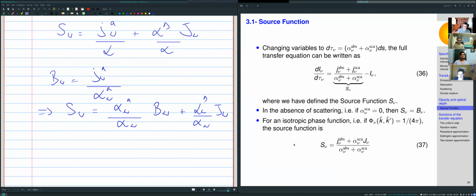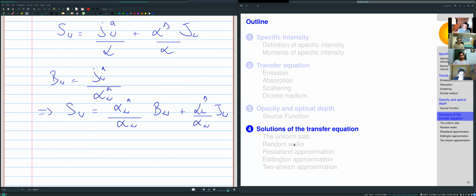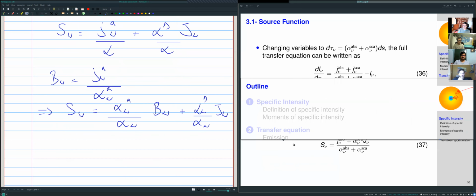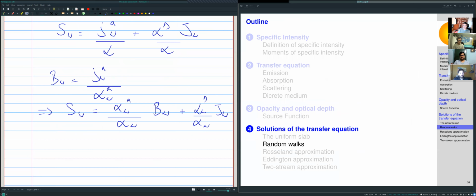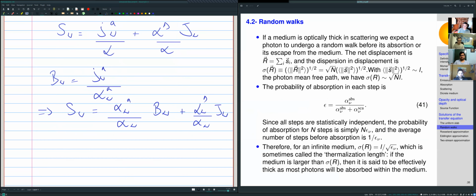So we can rewrite this in terms of the albedo. We define an epsilon as alpha nu absorption divided by alpha nu total, and that is epsilon.